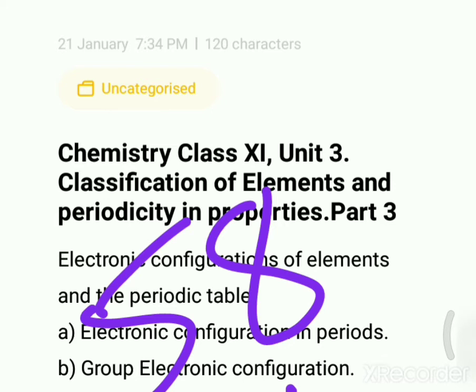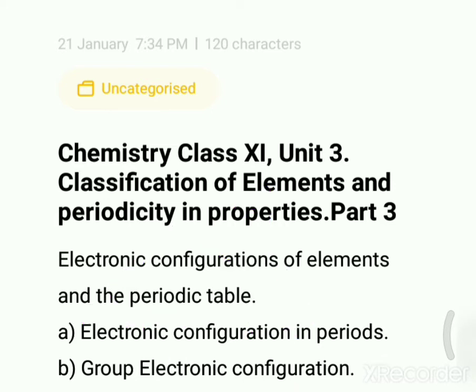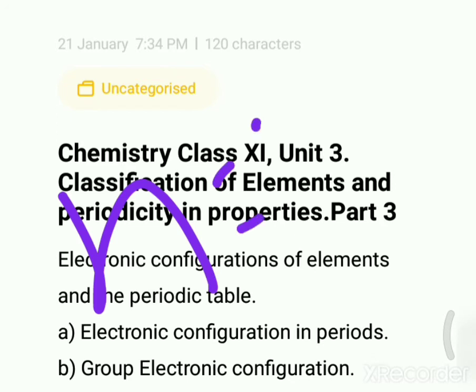Next, the seventh period. Here n is equal to 7. The seventh period is almost similar to the sixth period, with successive filling up of the 7s, 5f, 6d and 7p orbitals, and includes most of the man-made radioactive elements.